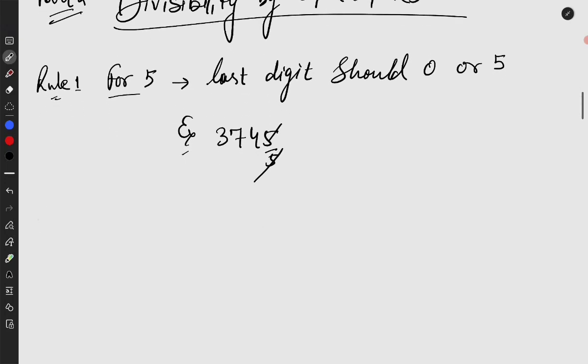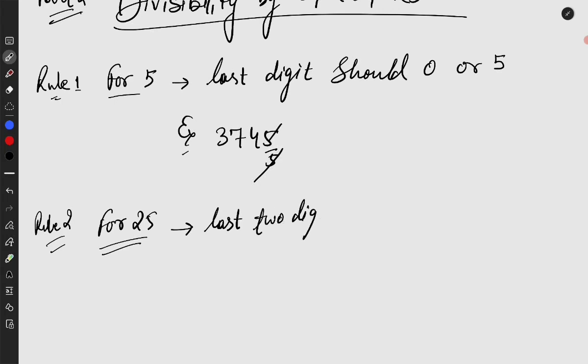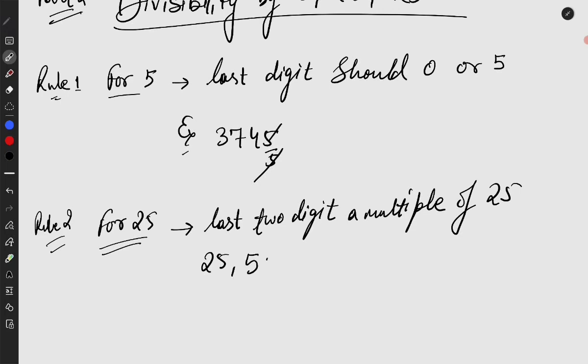Alright, now let's see the second rule, that is for 25. For 25 we can check the last 2 digits. The last 2 digits should be a multiple of 25, like 25, 50, 75, and so on, or should be 0, 0.